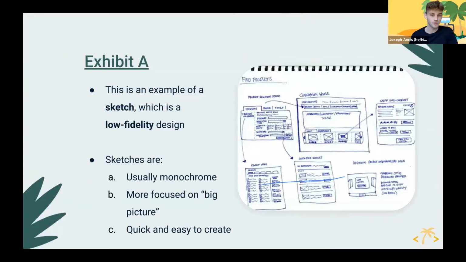So here's an example of a sketch, which is also sometimes referred to as a low fidelity design. As I said, they're usually monochrome, they focus on the big picture, and they're quick and easy to create. So you can see here a good example of how hierarchy is working.